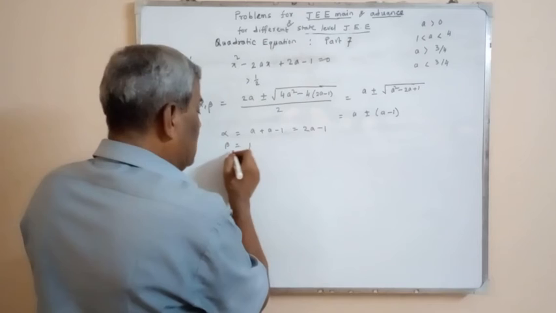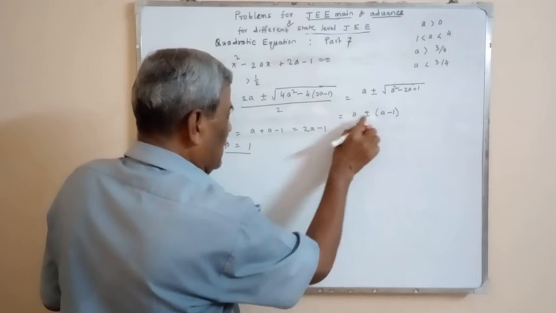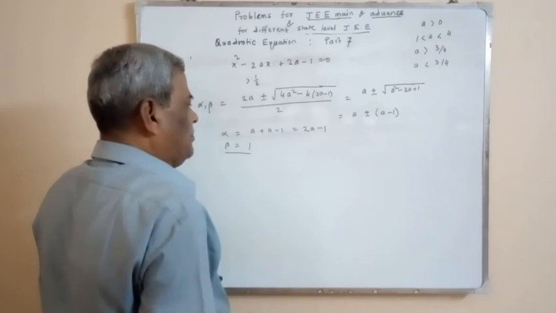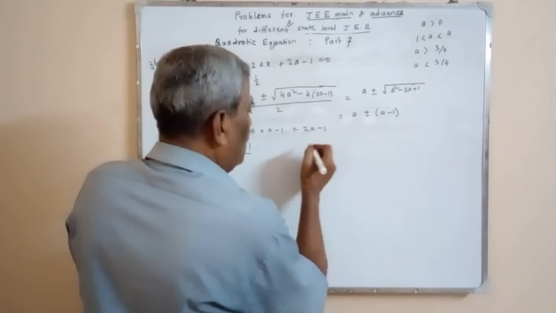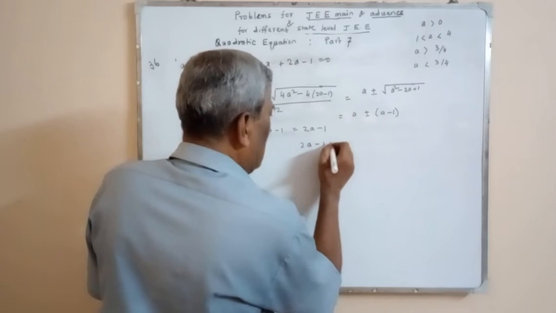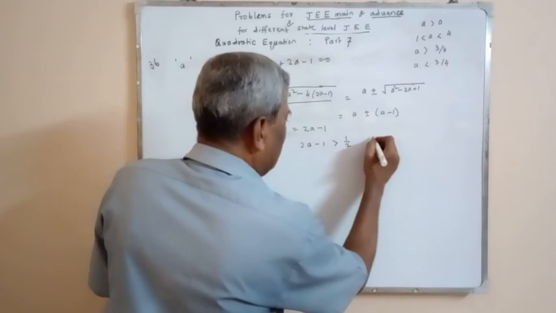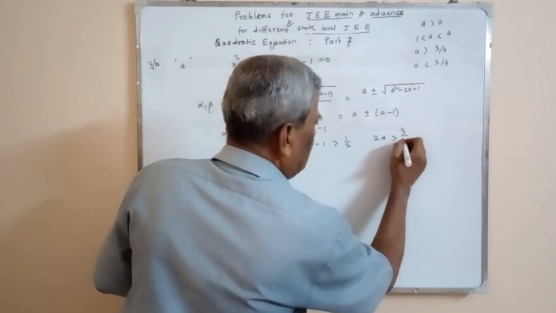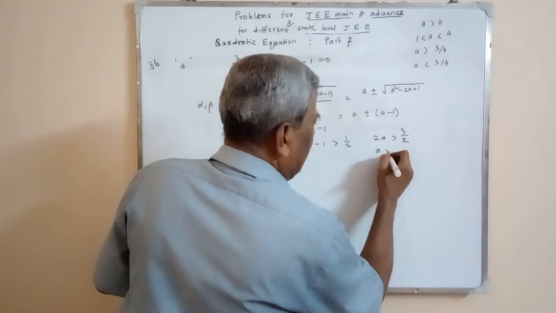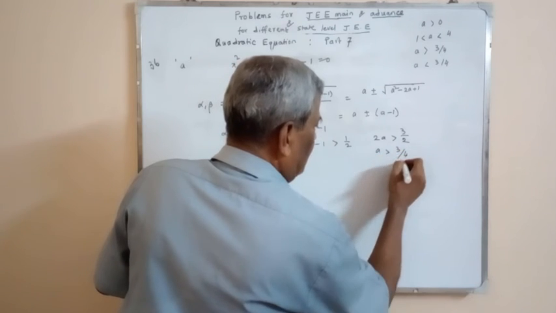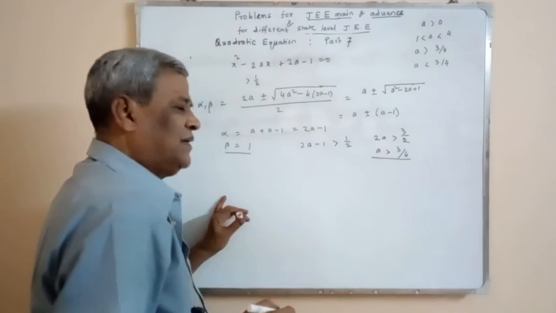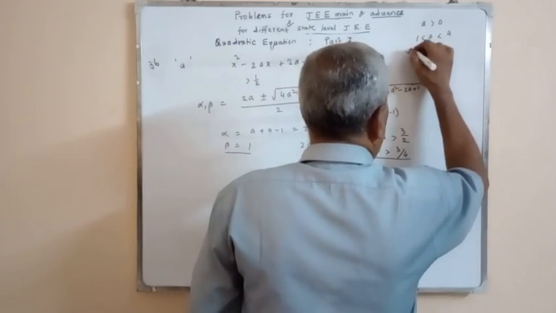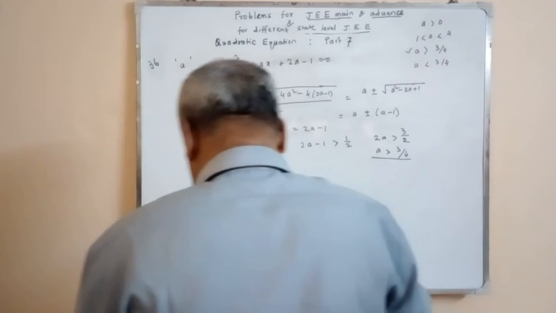Clearly, using the negative sign, we get one root is 1, which is clearly greater than half, and the other root 2a minus 1 should be greater than half, that is 2a should be greater than 3 by 2, that is a should be greater than 3 by 4. So the required range of a is a greater than 3 by 4, that is option C is correct.